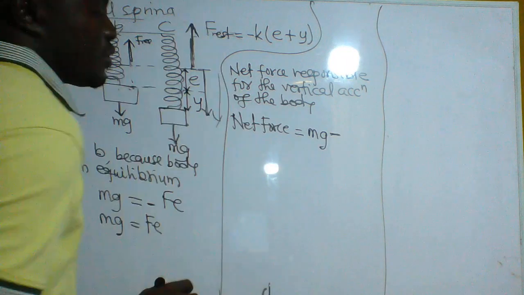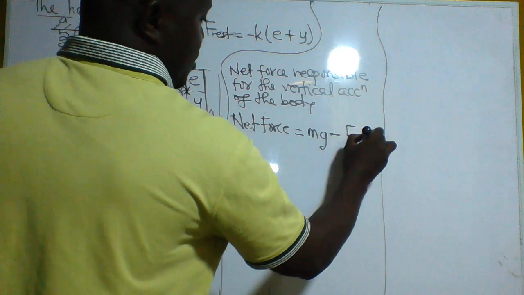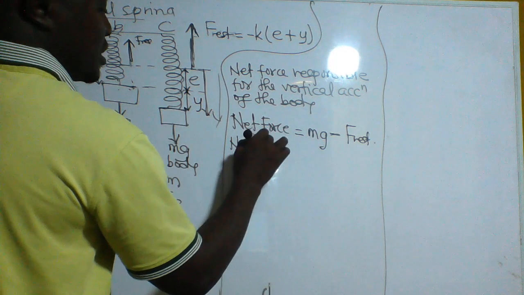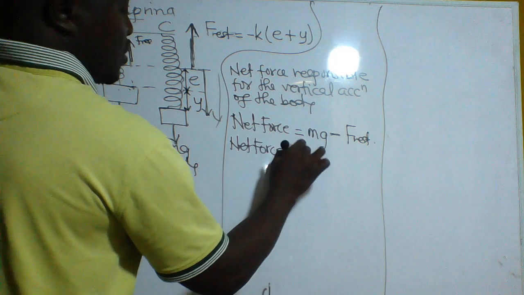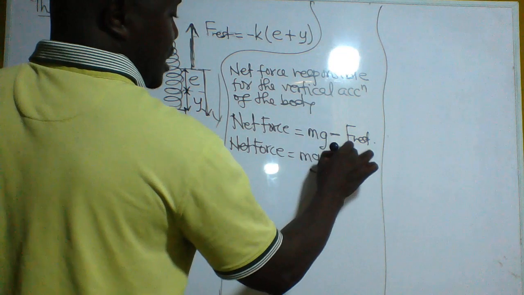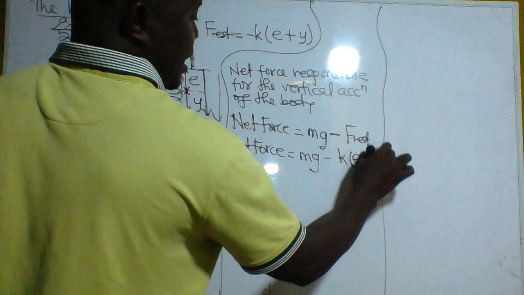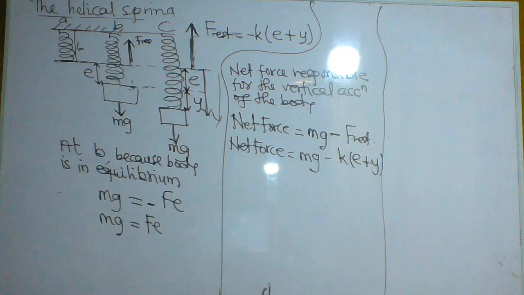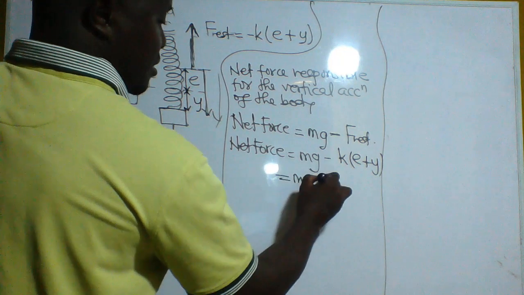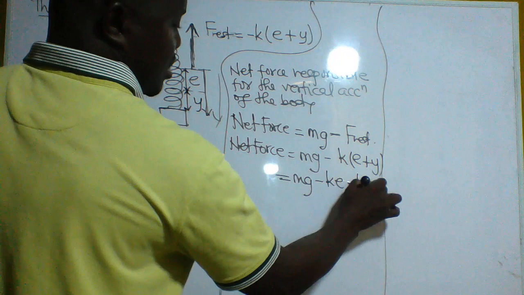The restoring force is in the opposite direction. So we have the net force acting on the body equal to mg minus k(e plus y). Okay, mg minus ke minus ky.